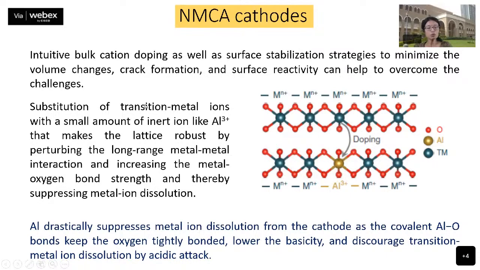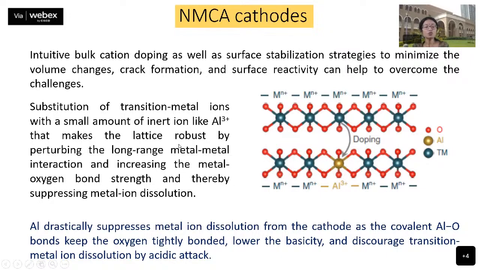So if you substitute these transition metal ions, if you look over here, at some position you are having aluminium coming in. So you are doing some amount of aluminium doping in this NMC. Then what happens?